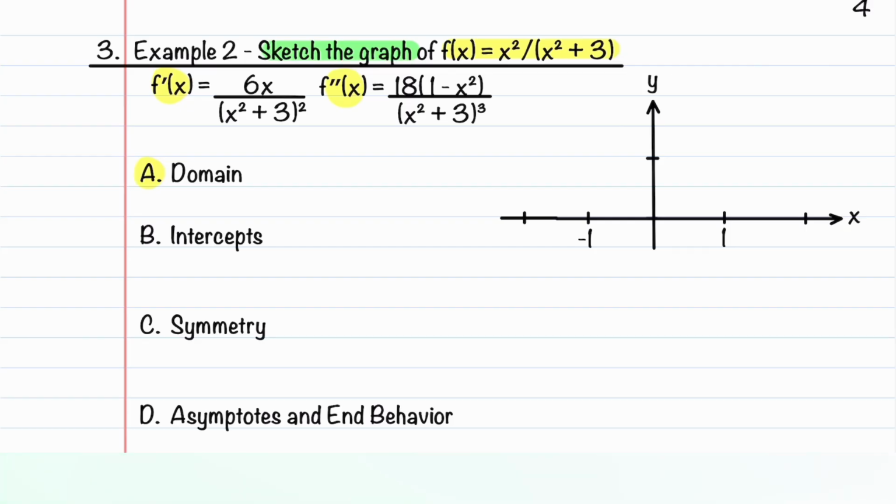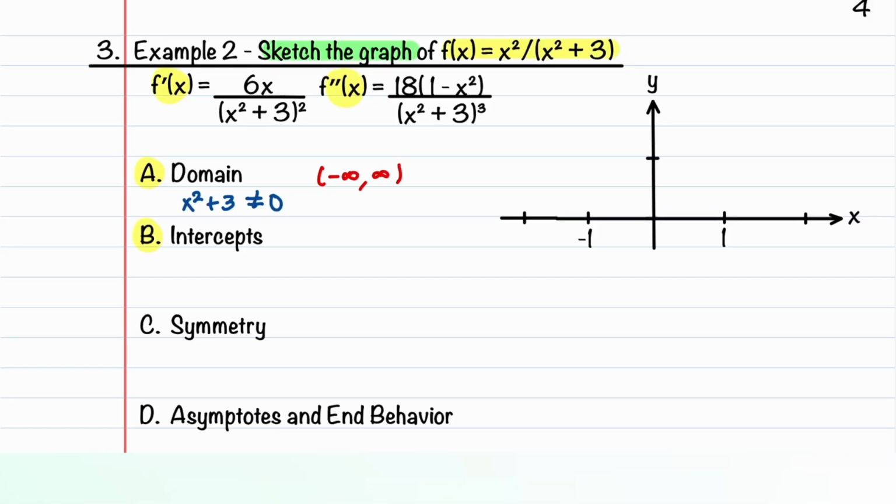We have to check if the denominator is equal to 0 because we have a rational function. x squared plus 3 cannot ever be equal to 0 because of the x squared term. So for the domain, it's going to be all values of x. So let's write down -infinity to infinity.